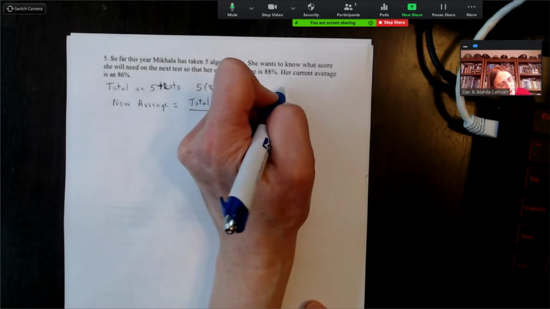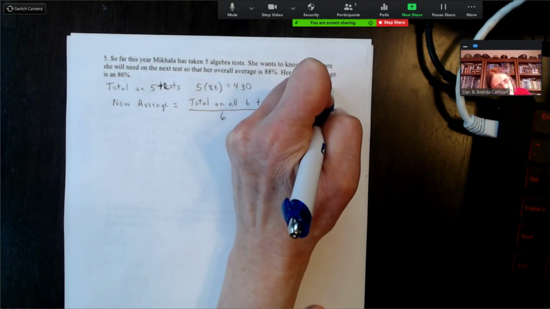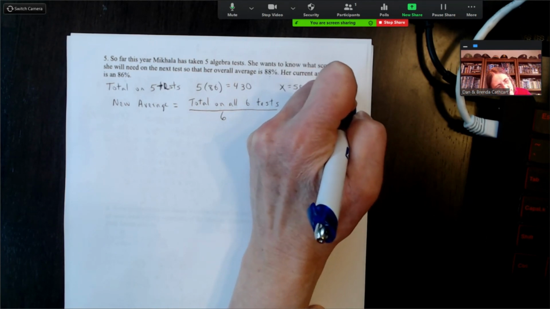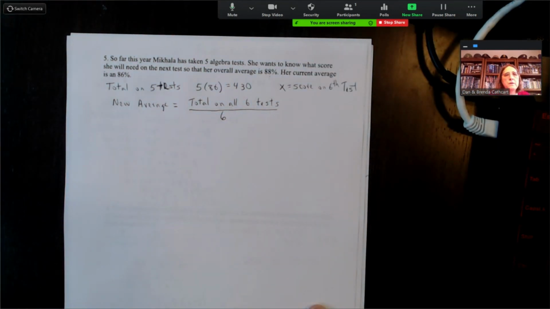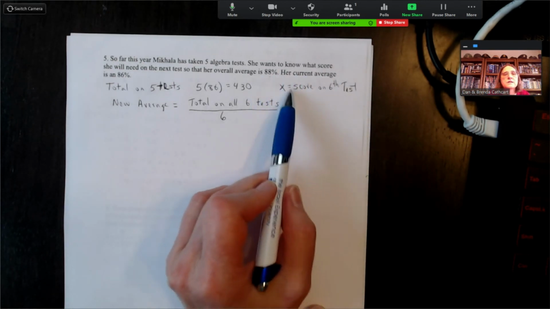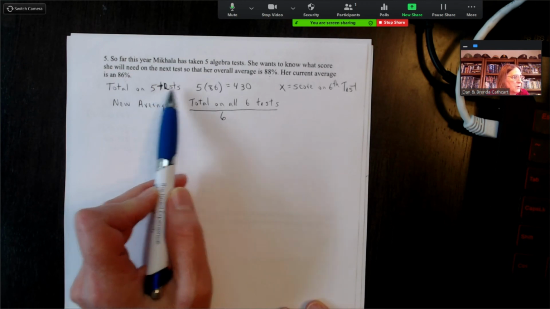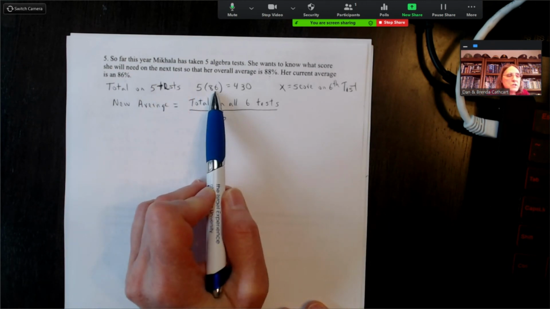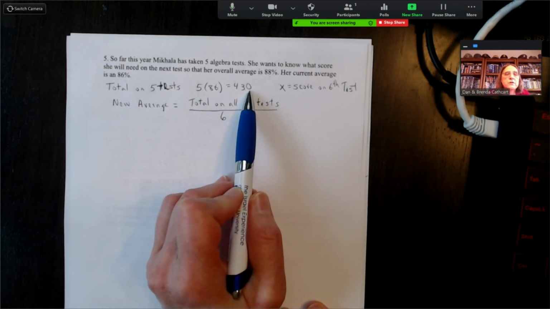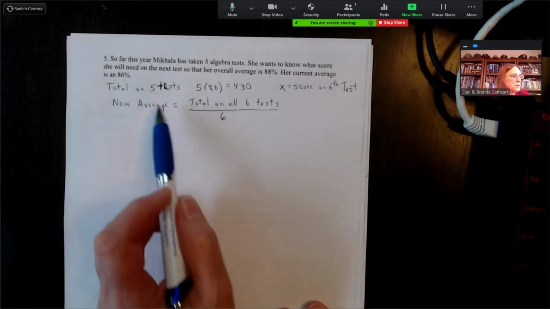So let's say that x is her score on the 6th test. So we're looking for x, the score on the 6th test. The total on the 5 tests that she's already taken would be 5 times the average that she has, or a total of 430. So let's put in the values that we know now and see what equation we have.